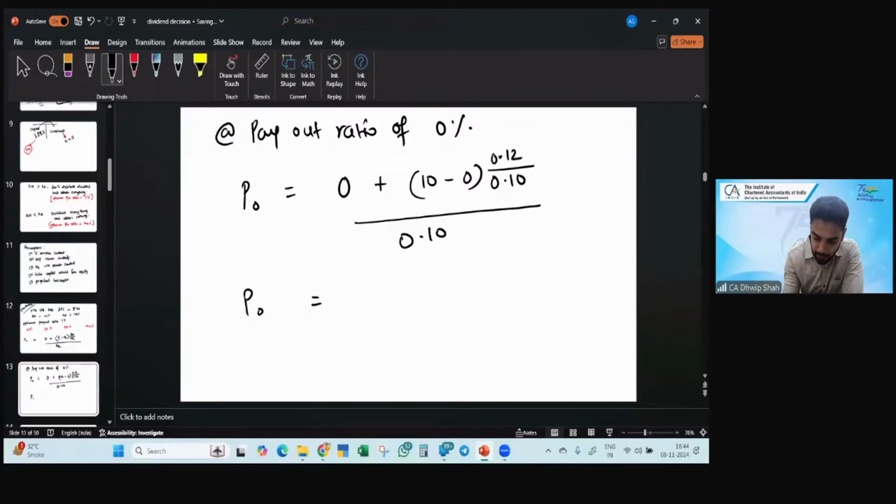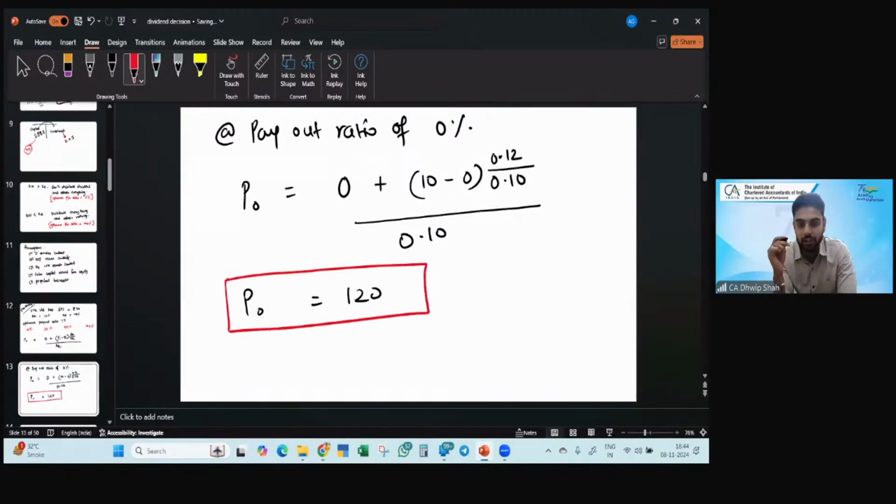What is the price? Please use your calculators. 120. So the price of the share today, if the dividend payout ratio is 0%, comes to 120.